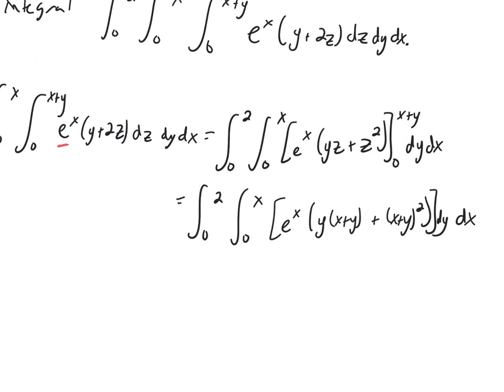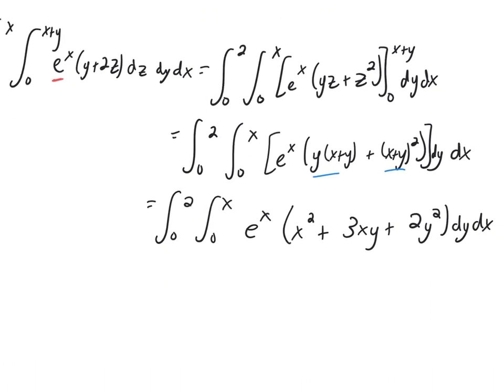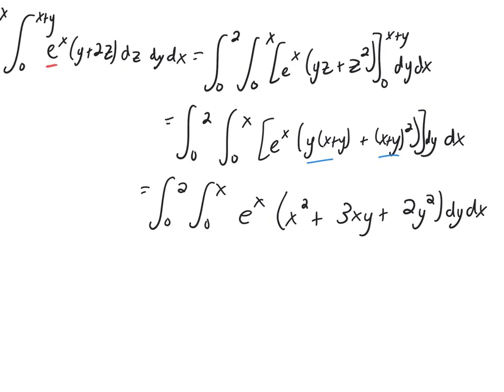So if you FOIL this part here, and if you distribute this part here, you're going to get the integral from 0 to 2, 0 to x, e to the x, it'll be x squared plus 3xy plus 2y squared dy dx.